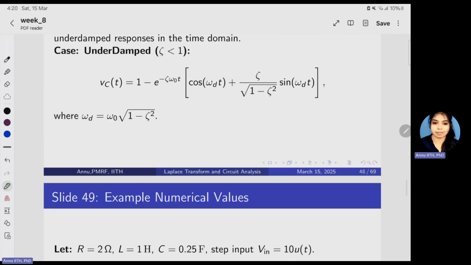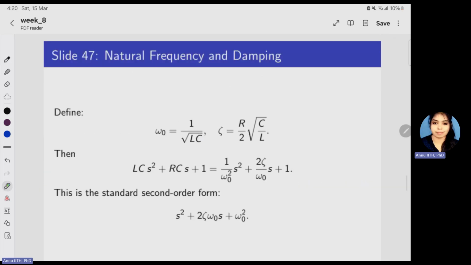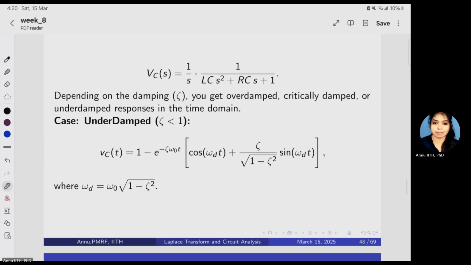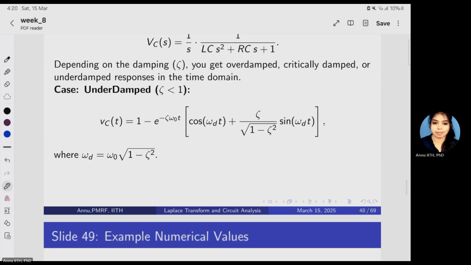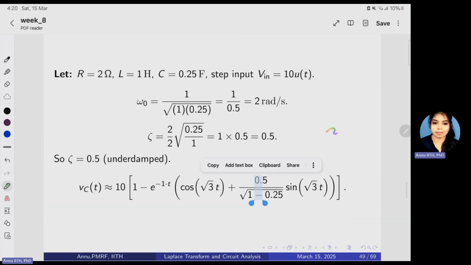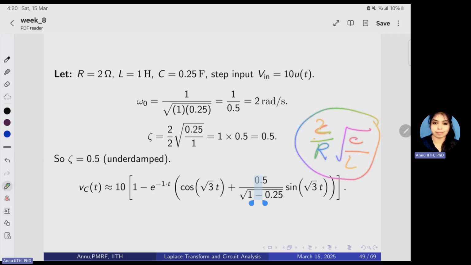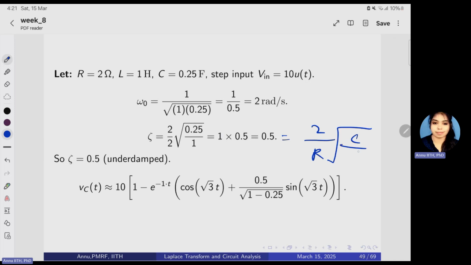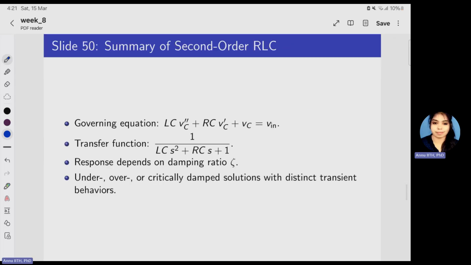And what is the formula for theta? Theta is equal to R by 2 root over C by L. And you can solve it also.